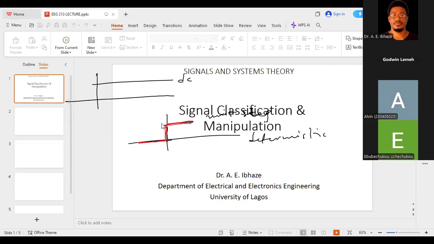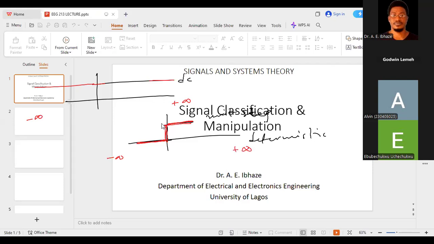But the DC is the same value either at the negative time axis or the positive time axis, okay? But for our unit step function, at the negative time axis it is 0, but at the positive time axis, it is positive.